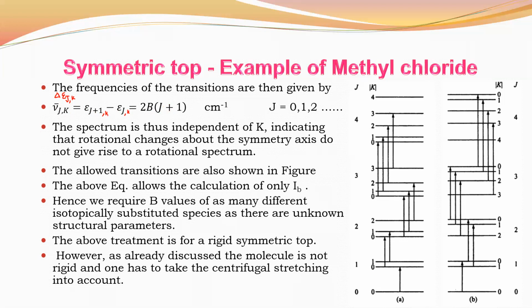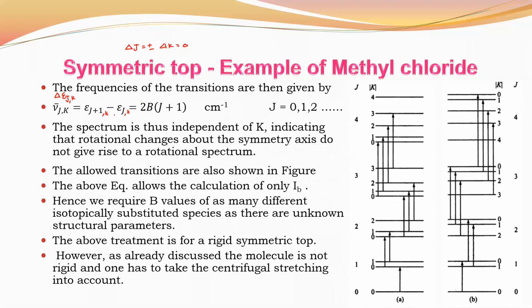Okay, and here we represent the transition. We know that the selection rule corresponding to a symmetric top molecule is delta J plus or minus 1 and delta K equal to 0.